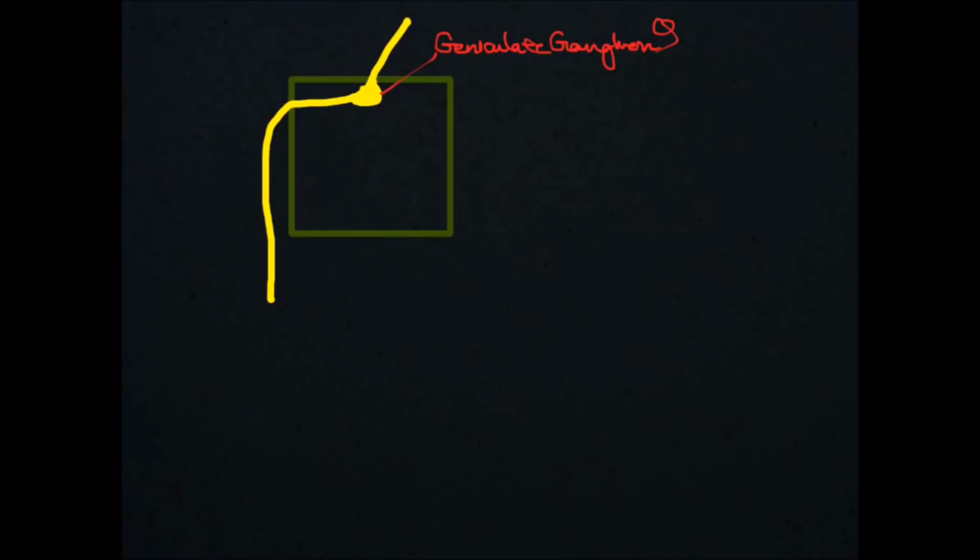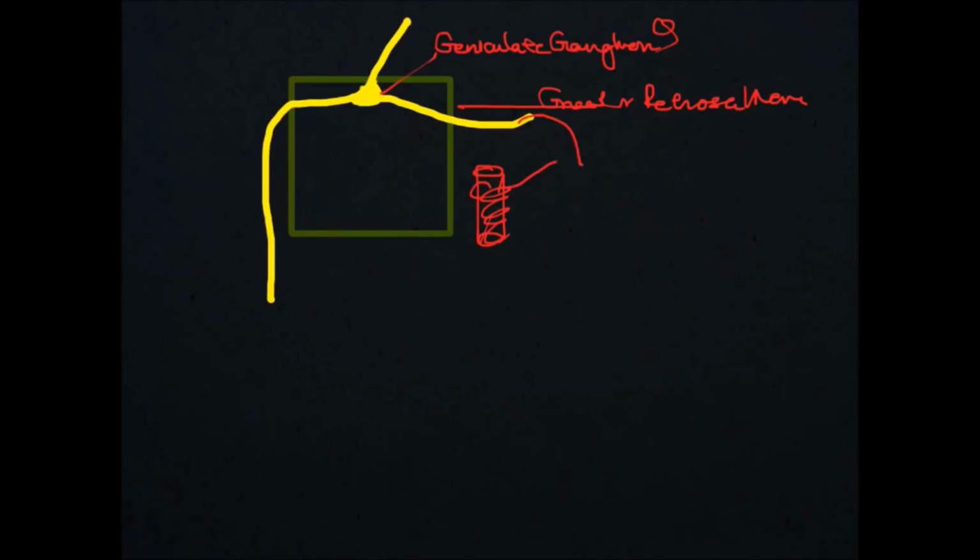From the geniculate ganglion there arises a branch known as the greater petrosal nerve. Now this greater petrosal nerve runs in the bony canal. It comes out of the base of the skull, and joins the sympathetic plexus around the carotid system, and then it runs through a bony canal.